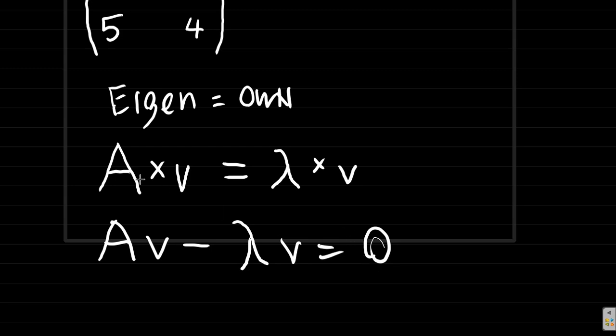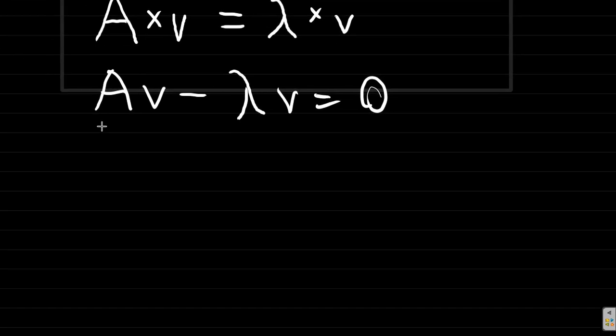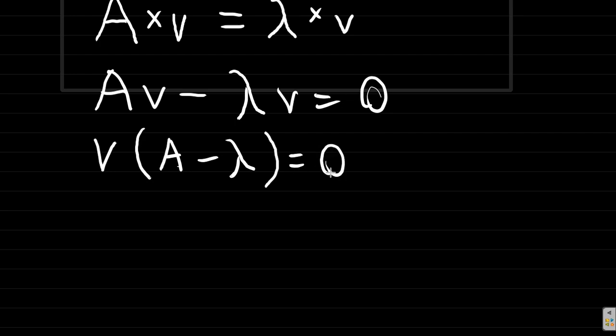Now, we can factor out the eigenvector V, so we have V times the matrix minus its value equal to 0.